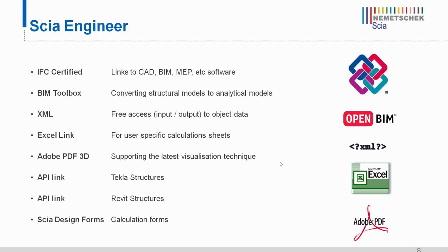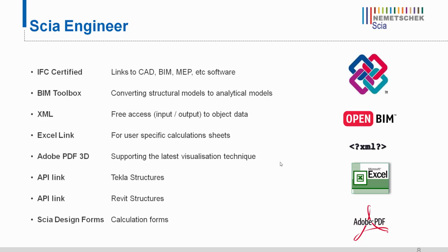There are a lot of possibilities to link Scia Engineer with other software. Since Scia Engineer is IFC certified, there is a link between CAD, BIM and MEP software. There is also the BIM toolbox, with which structural models can be converted into analytical models. The XML link gives you free access, input and output to object data, and for users with specific calculation sheets there is the Excel link.